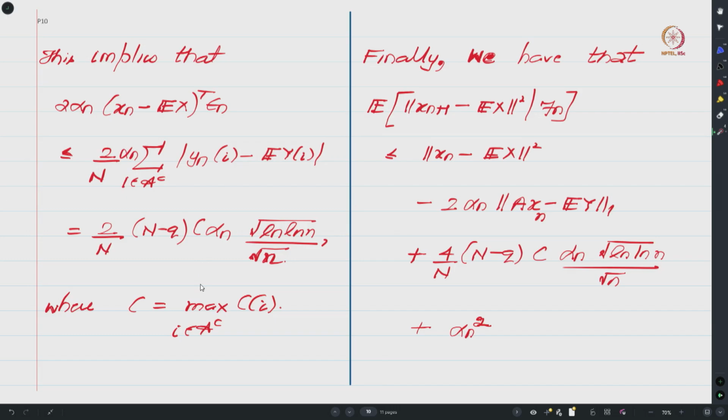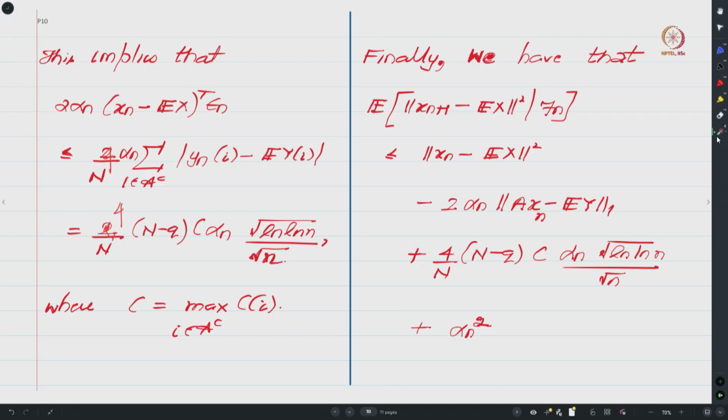What we have managed to show is that this conditional expectation is upper bounded by xn minus expected value of x square minus 2 alpha n times the L1 norm of this quantity, and we had 2 alpha n which was sitting over here. I think I should say that this will lead to a 4, this also should be replaced by a 4.